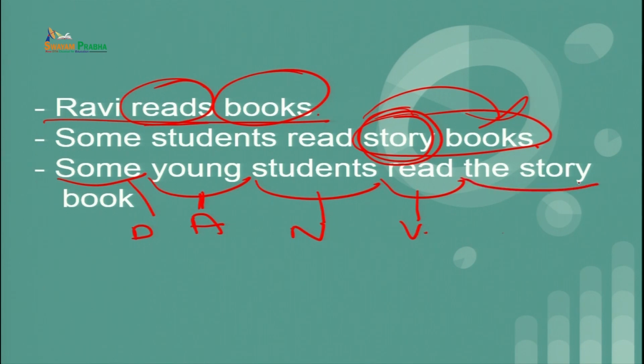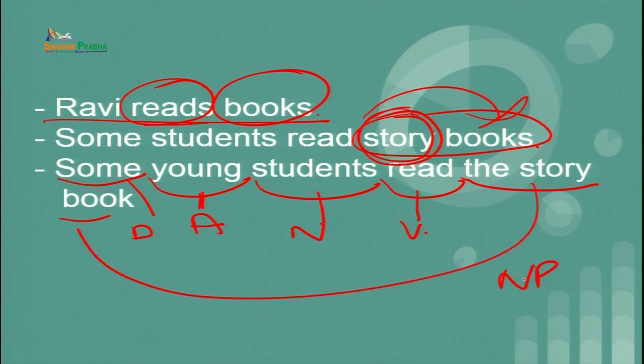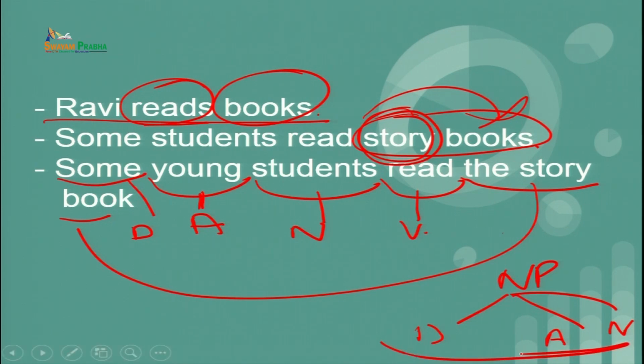The story book, again it is a noun phrase, or if I have to further decompose it, I will say the is a determiner, story is an adjective, and book is a noun. Fine.